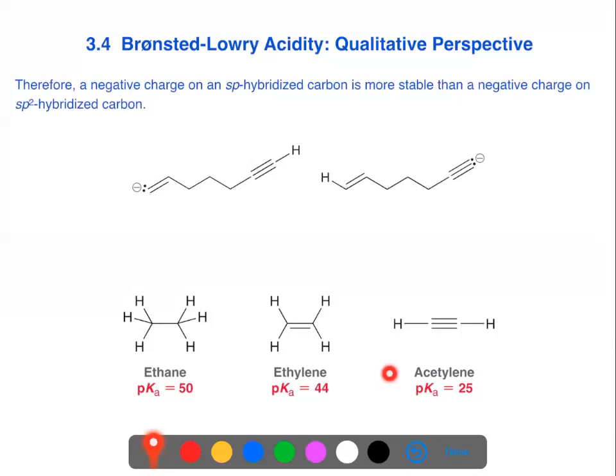And then when we get to acetylene, we have a significant difference in the pKa. And again, in all these cases, carbon is the atom. There's no resonance effect. There's no induction effect. So the orbital is what plays a significant role in affecting the relative stability of the conjugate base, and in a sense, directly relates to the acidity of the original hydrocarbons.